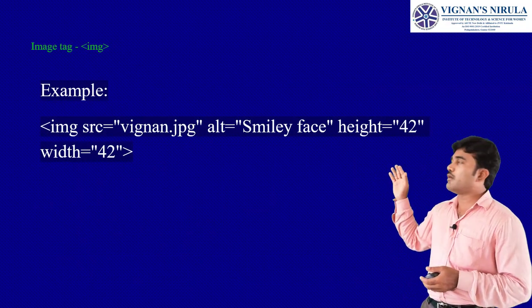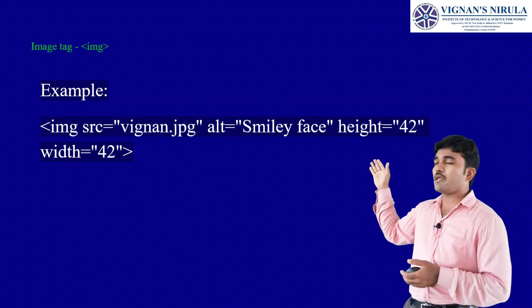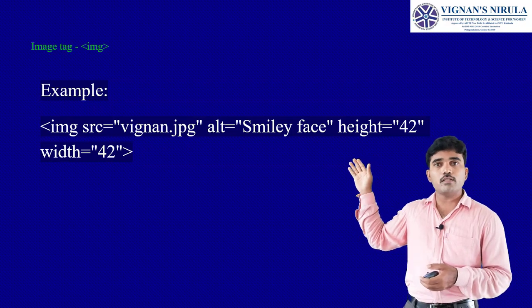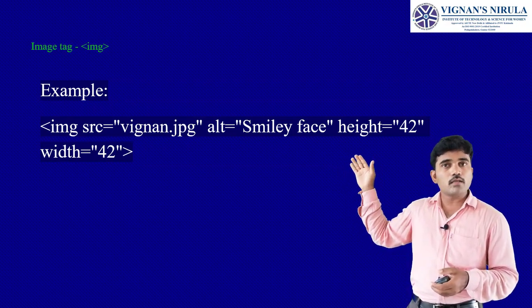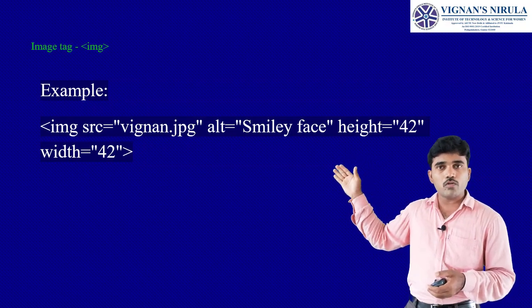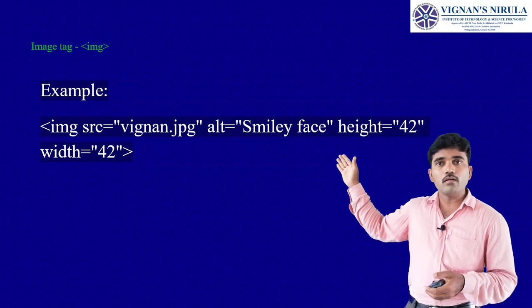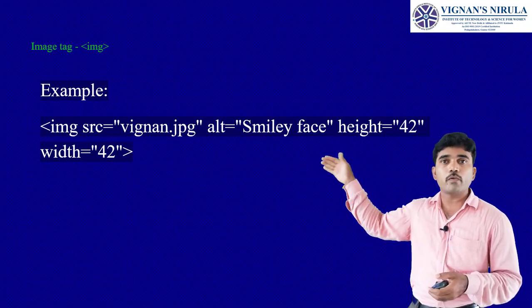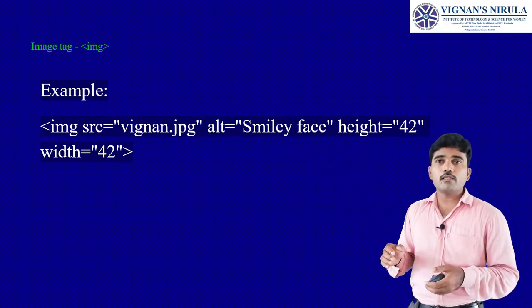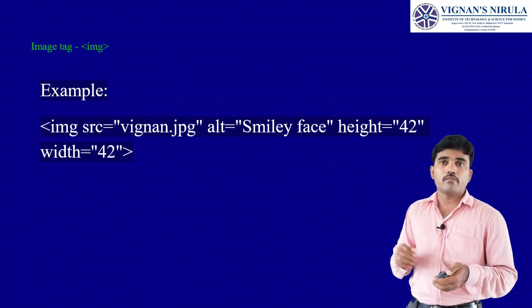For this IMG tag, the first attribute that I have used is the mandatory attribute SRC, the source attribute. The value I have used is vignan.jpg. Thereafter I have used ALT. If the image is not available in your specified location, the content I want to display is a smiley face.